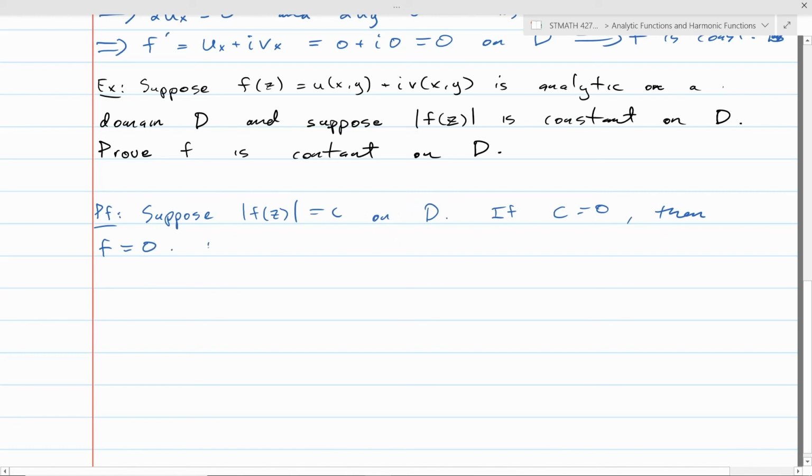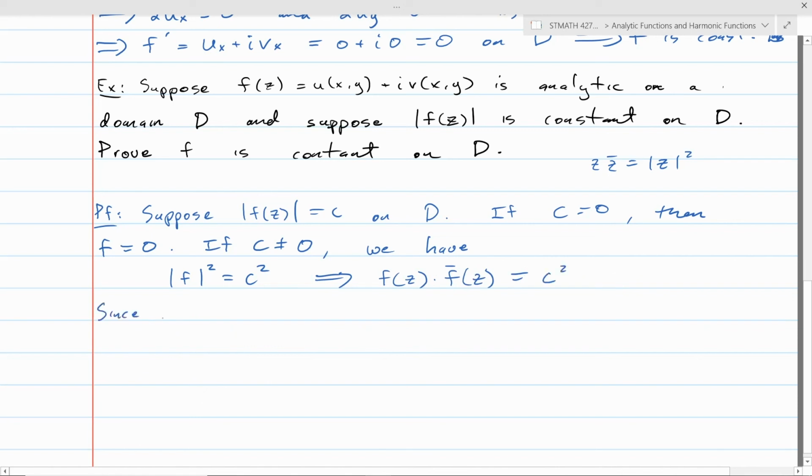But if c is not equal to 0, then we had a formula, remember, that z times z conjugate is equal to the modulus of z squared. Because we have modulus of f is equal to c, we would have modulus of f squared equals c squared, which then tells us that f of z times the conjugate function of f is equal to c squared.